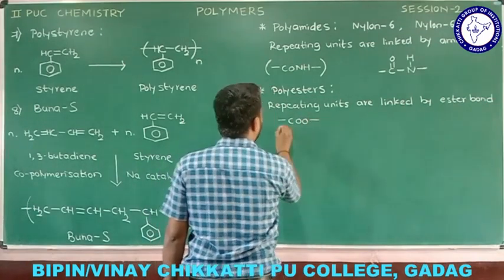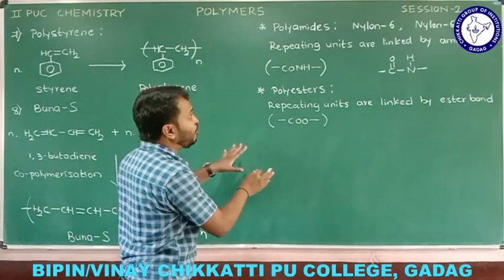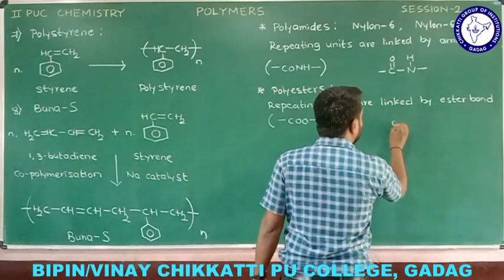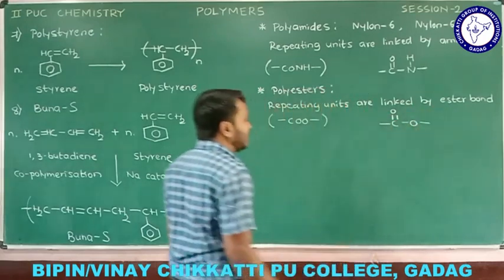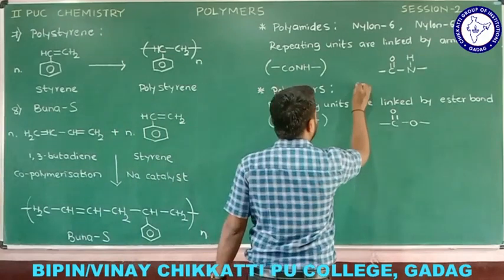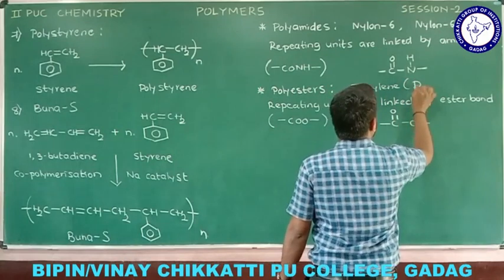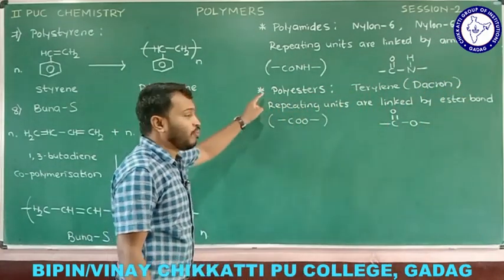C double bond O with an oxygen, that is the ester bond, and we call it a polyester. In complete sense I am going to write it like this, C double bond O, and this is how the open structure I can consider. And one very well known example I will write here, that will be terylene, and one more name for that is Dacron.